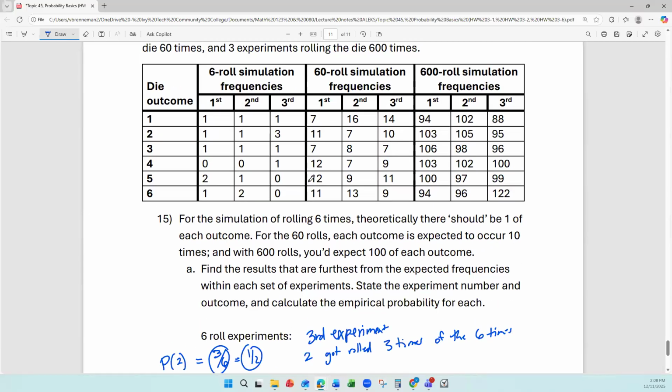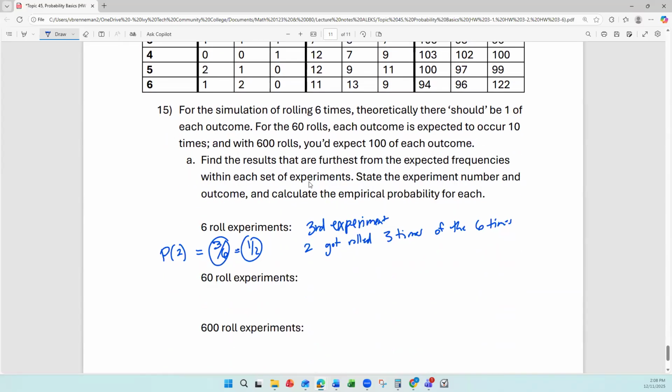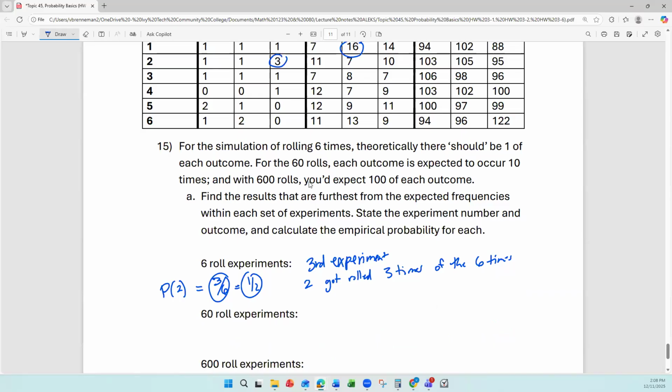In the 60 rolls, if you roll 60 times, you would expect each number to show up 10 times. And so the furthest away from that is here, the 16. So 1 got rolled 16 times on the second experiment. So the second experiment, the number of times that 1 showed up is 16.